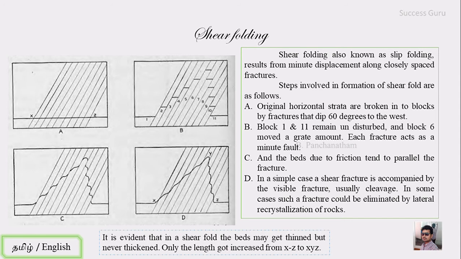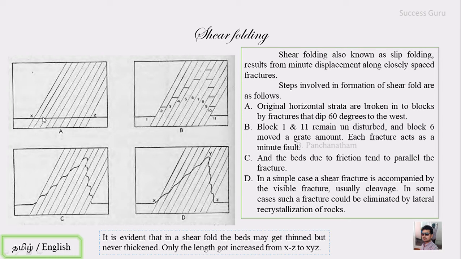And remember, it is evident that in shear folding beds may get thinner but never get thicker. In the earlier flexure fold, we saw the bed may thicken and thin according to the position, that is, the concave side or convex side, right? But in shear folding, there is only thinning of beds and no thickening, because the length got increased.